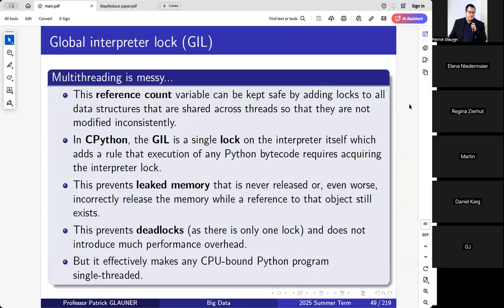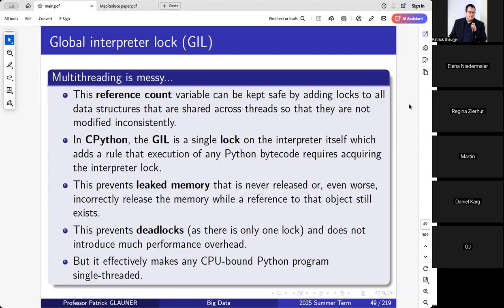We wondered why, because of the global interpreter lock, which tries to prevent any kind of lock issues, deadlocks, which you need in order to prevent leaked memory. But locks typically lead to deadlocks and lots of other issues. So the global interpreter lock is a lock on the global level of the interpreter in order to prevent leaked memory from happening.